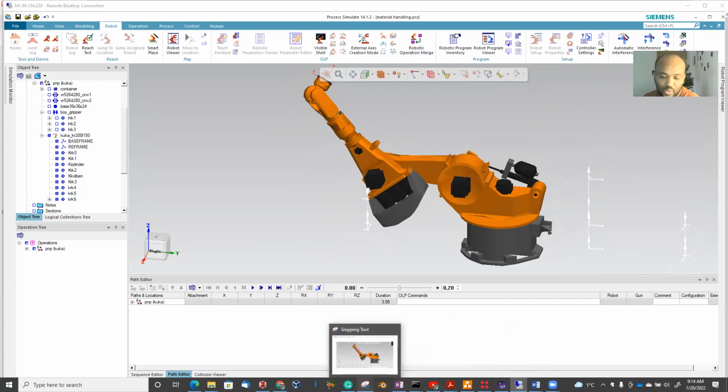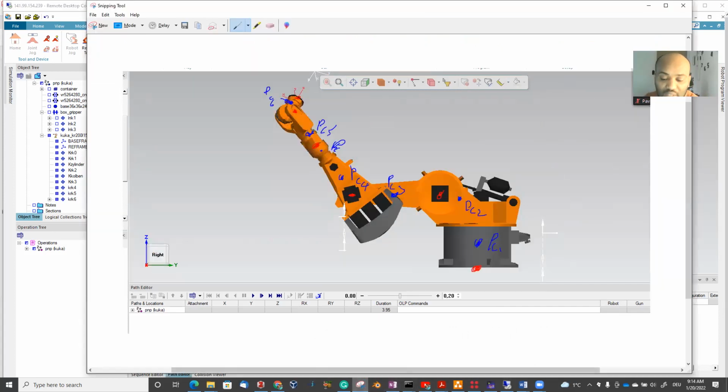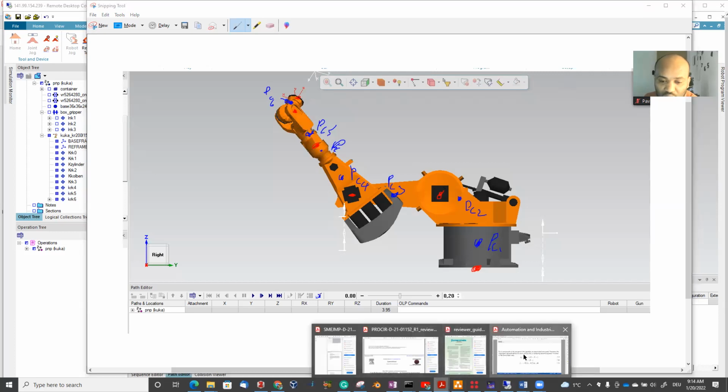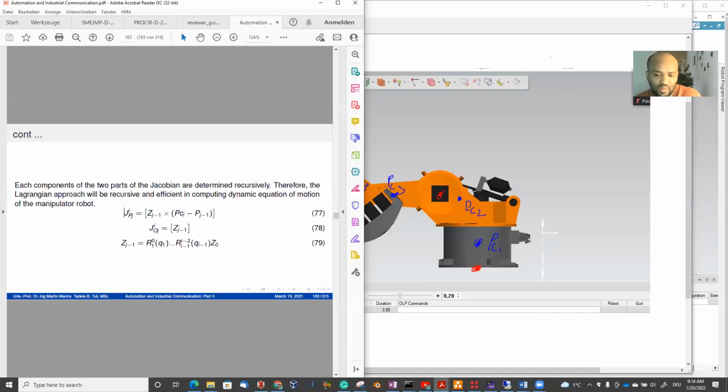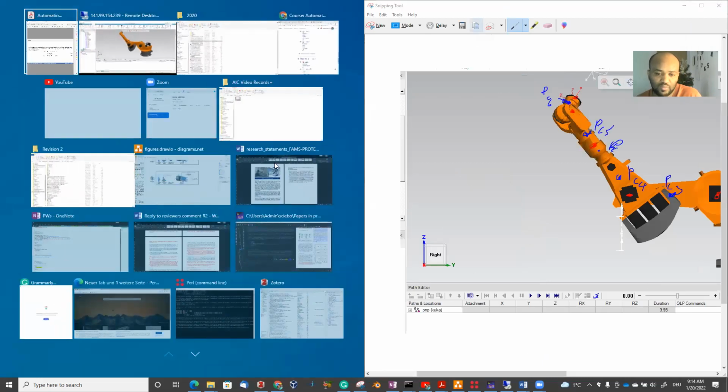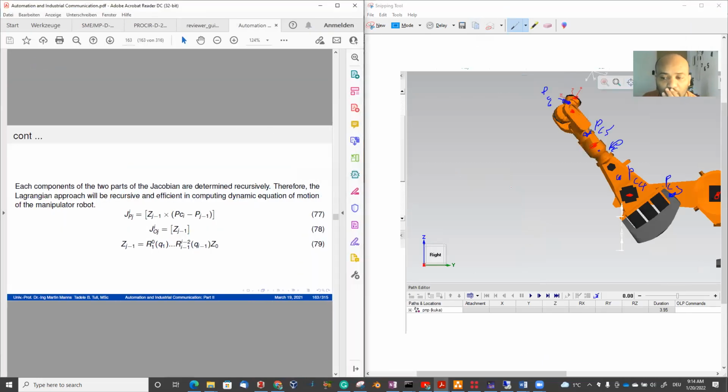Okay, so first we take the center of mass. Then from the equation, it's also good to note here, it says take the z axis of the previous axis and multiply it with the center of mass minus the position of the previous joint reference frame.